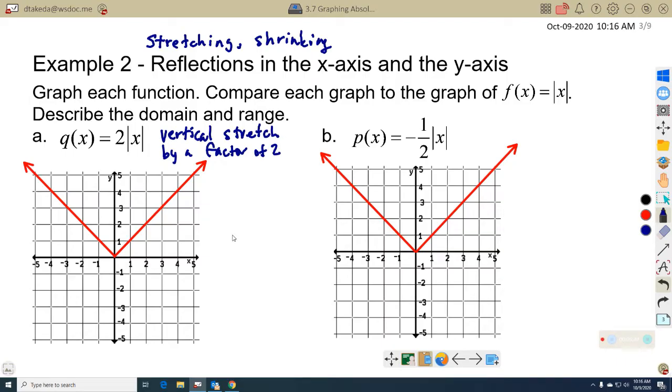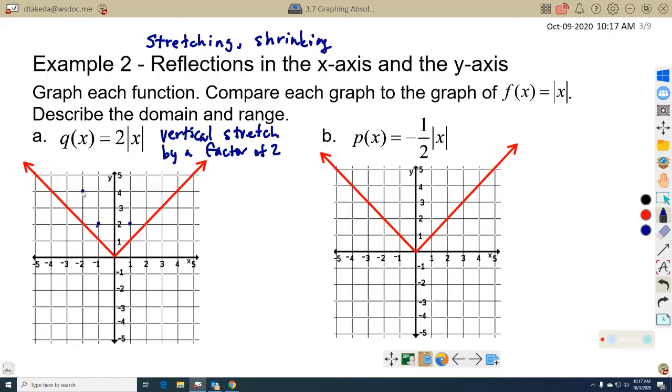Okay, so what's that going to look like? Well, we're going to take all of our y values and multiply them by 2. Here the y value is 0. 0 times 2 is 0. Here the y value is 1, right? 1 here and here. 1 times 2 is 2. So that one goes here and this one goes here. I'm moving it up, right? Here the y value is 2, and here the y value is 2, and 2 times 2 is 4.